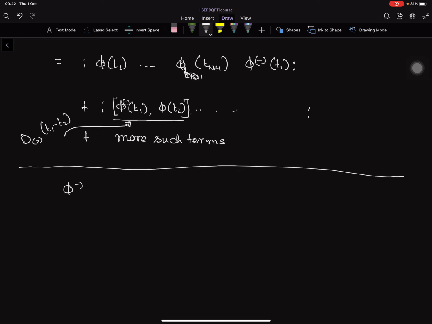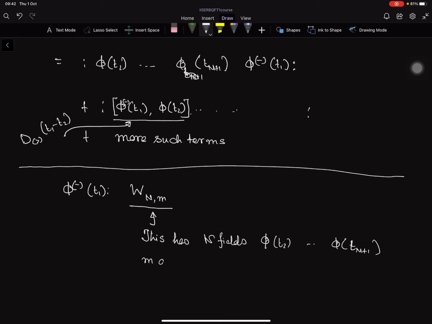Let's look at this term, Wn comma m. This has n fields, phi T2 to phi Tn plus 1, and m of them are contracted.